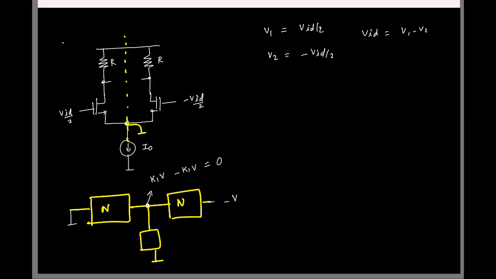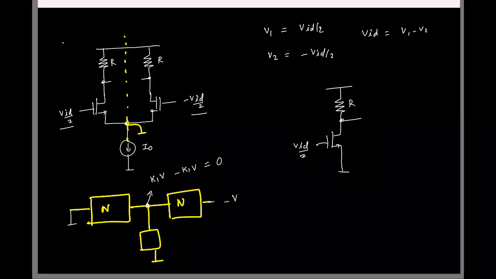So as long as the circuit is linear, all the nodes along the line of symmetry will be 0 if your excitation is fully differential like this. And of course, for small signals, our circuits are linear, so we can use it. So the circuit essentially reduces to this: source is ground, VID by 2, and of course, you know what is the output.